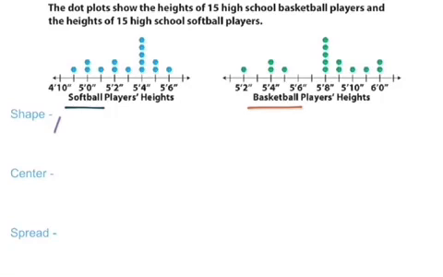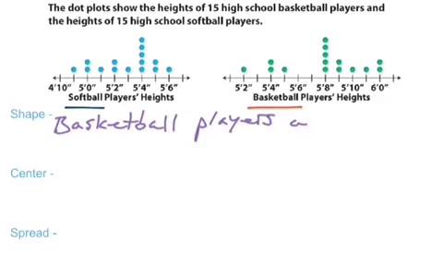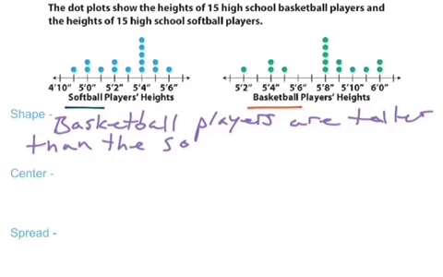So I would say basketball players are taller, that's an A by the way, than the softball players. And that's just by looking at the numbers in the inches in the bottom part of the dot plot right over there. And that's a quick little observation we can make about the shape.